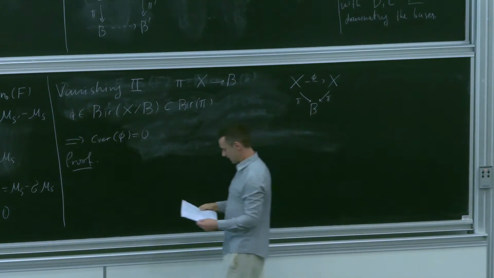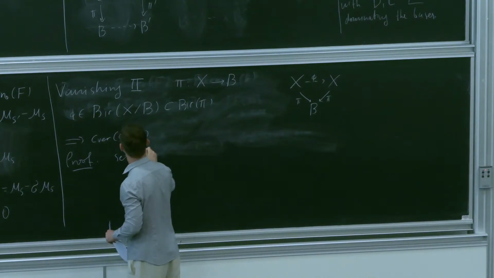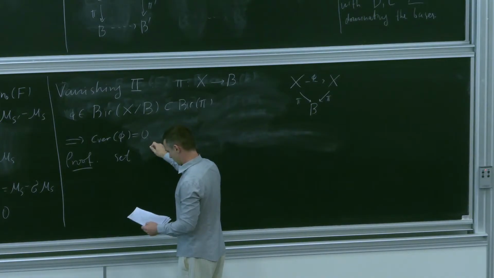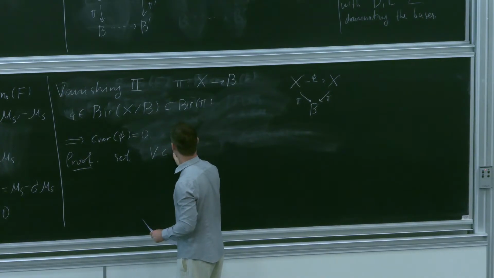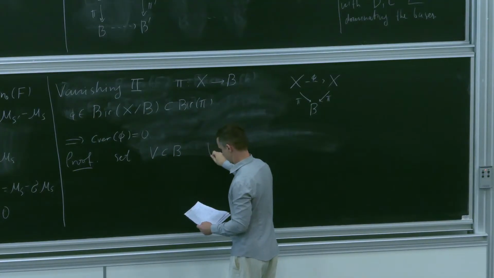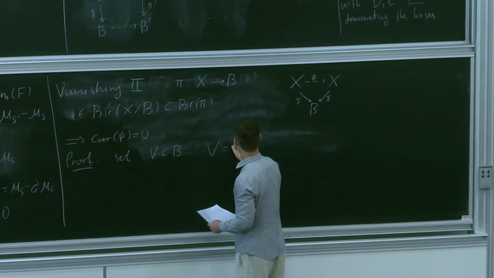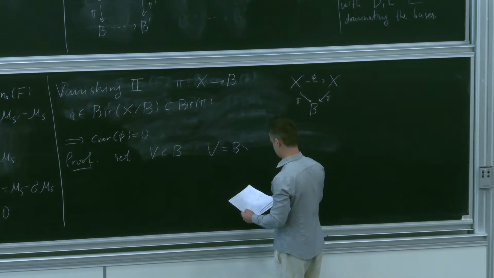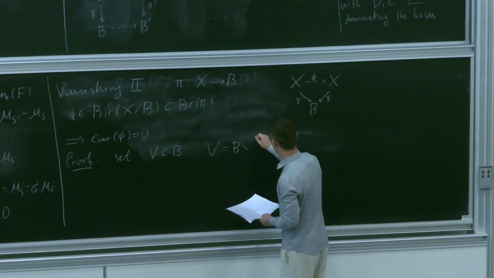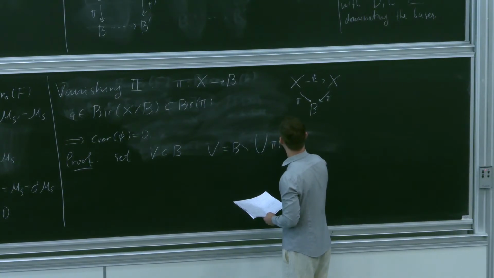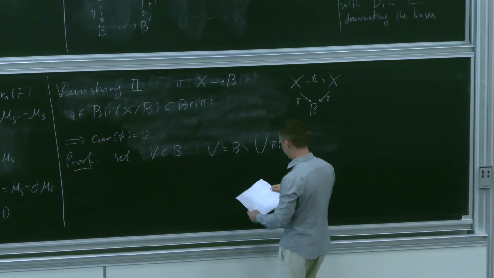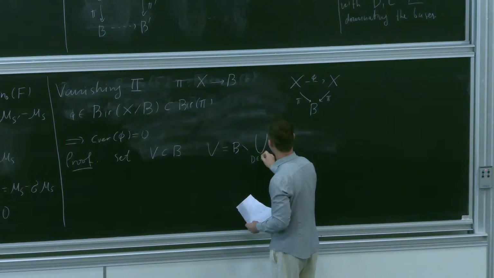So let's see. Consider an open set now in the base. Let's call it V, where I remove everything I don't want to have in my base. Specifically, there's a union of phi d, which are exceptional for phi and not dominating the base.